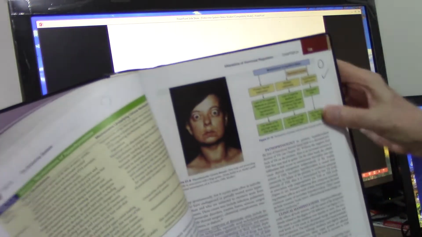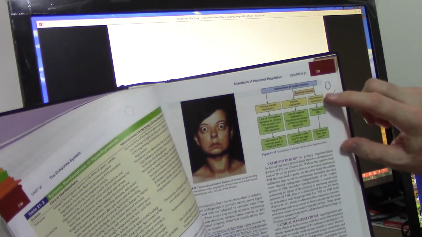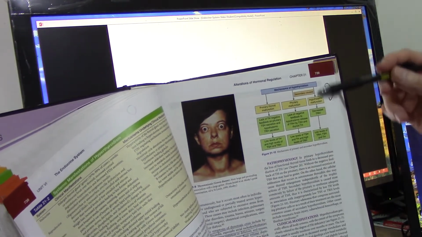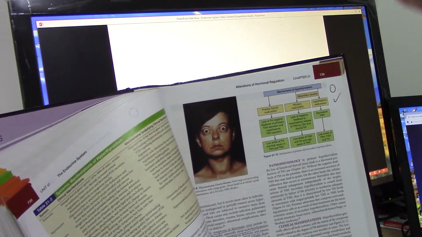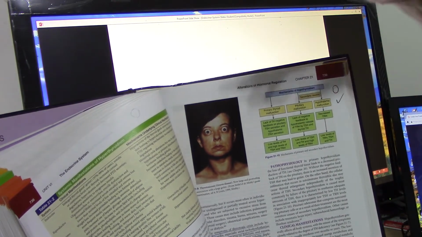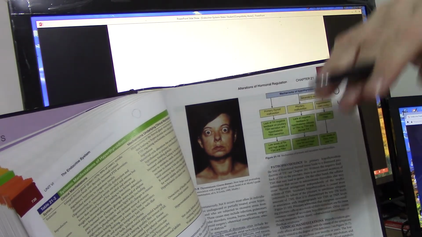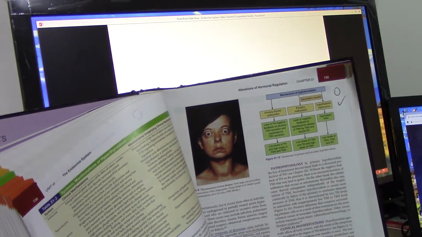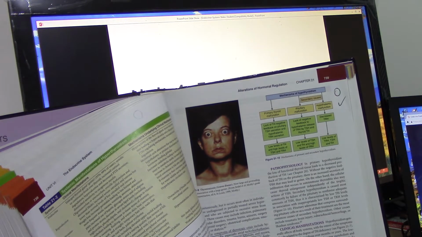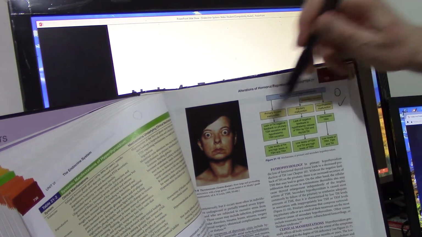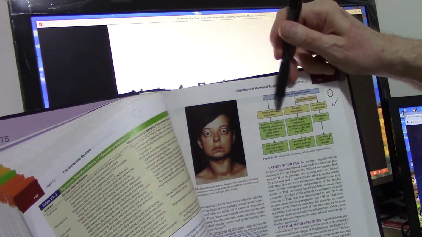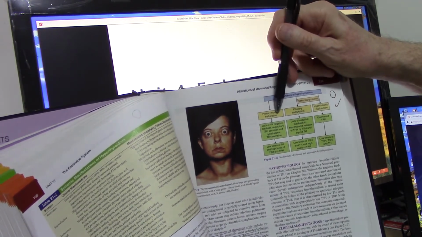This is a really good diagram here as to the causes of hypothyroidism, because keep in mind that we start with the hypothalamus and then we go to the anterior pituitary and then we go to the thyroid itself, there are three possible places where you can have a disorder. Now, if you have a disorder at the thyroid itself, that's called primary thyroid malfunction.